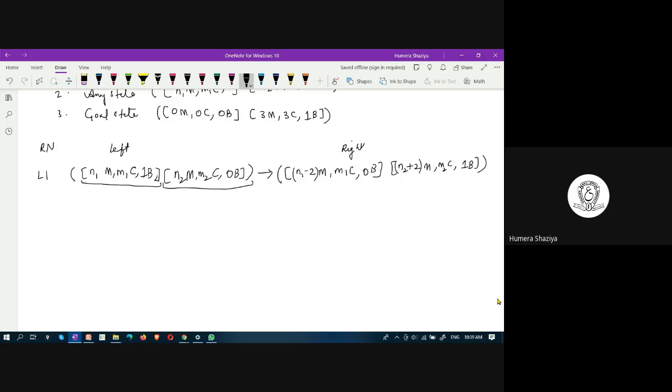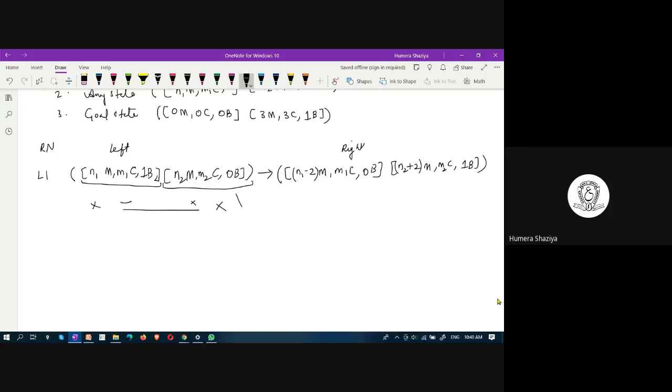Left side you have something, right side you have something. N1, M1, we do not know, it can be any value. Here the boat is there, here the boat is not there. There may be some missionaries, even including 0, and some cannibals. This is our present state.